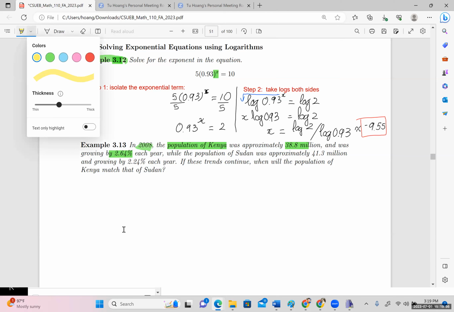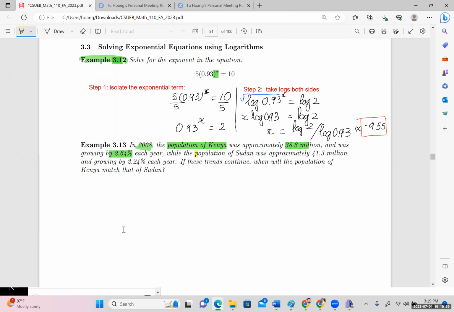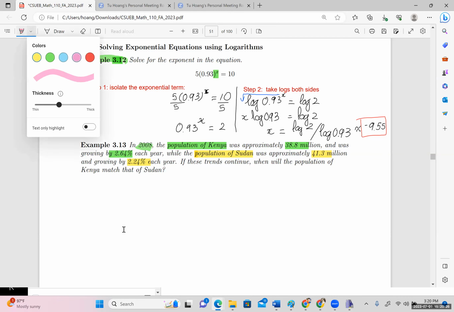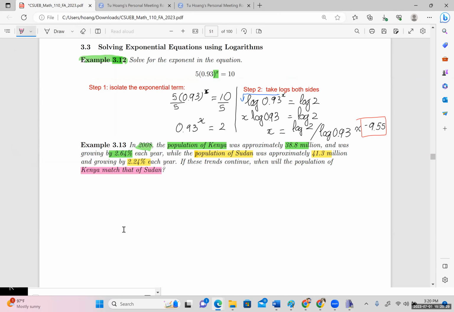The other country, the population of Sudan, is approximately 41.3 million and growing by 2.24% each year. If this trend continues, when will the population of Kenya match Sudan? So we want to find when the two populations are equal to each other.